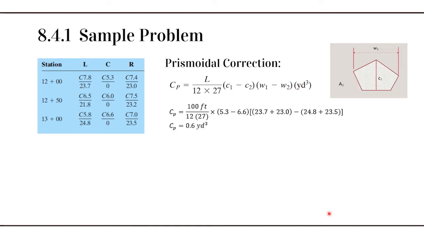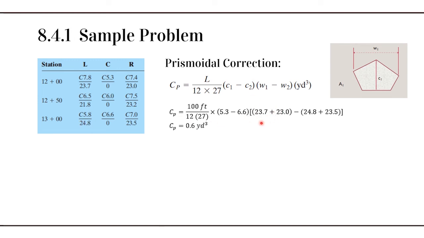Since we know that the average end area overestimates the volume, we will use the Prismoidal correction in order to obtain a more accurate result. So to solve for the Prismoidal correction, CP is equal to 100 feet times 12 over 12 times 27 times C1 5.3 minus C2 6.6 times width, which is the addition of left and right per station.